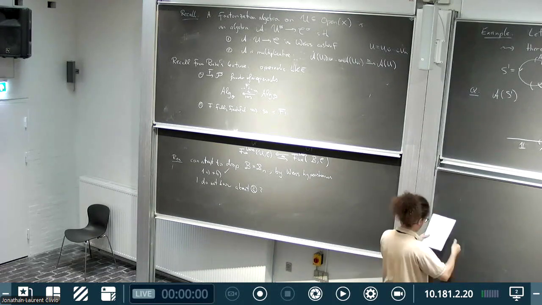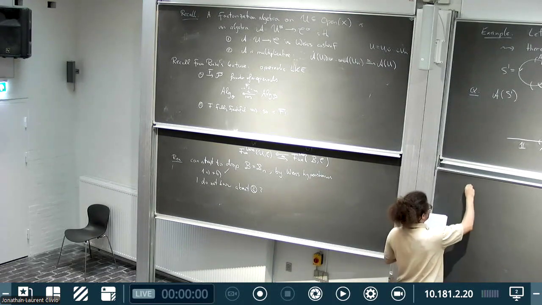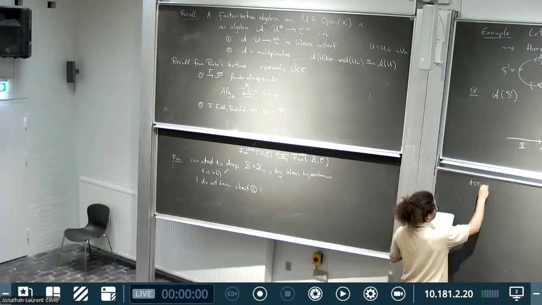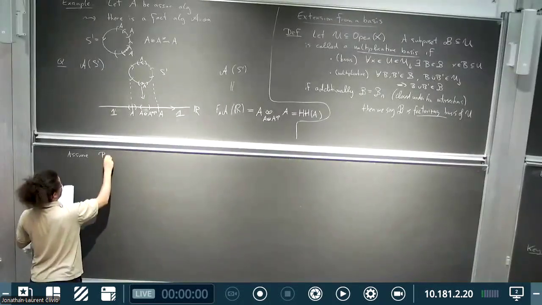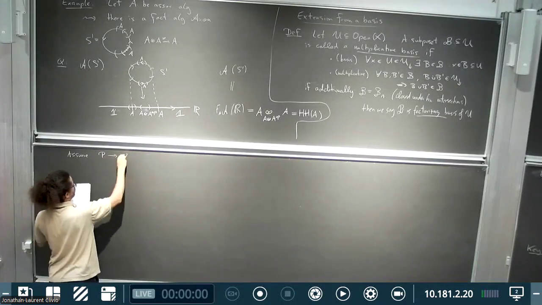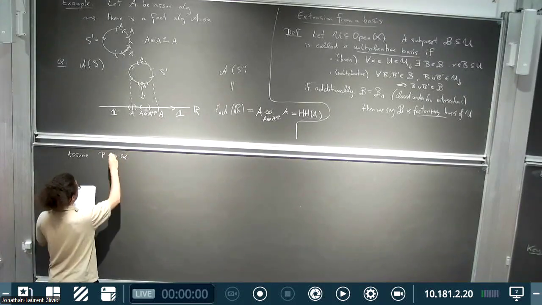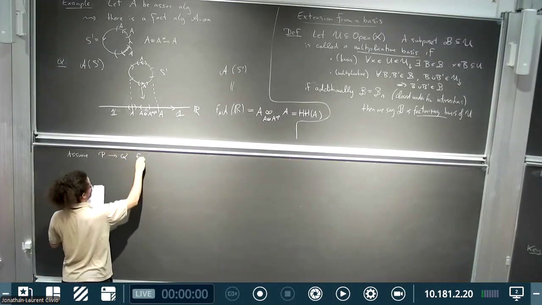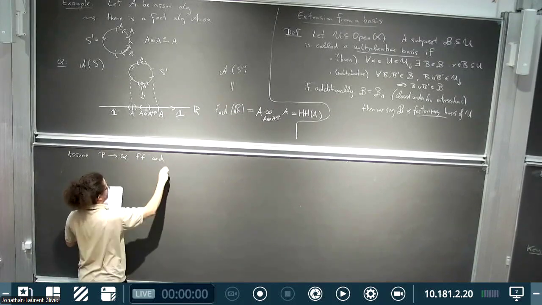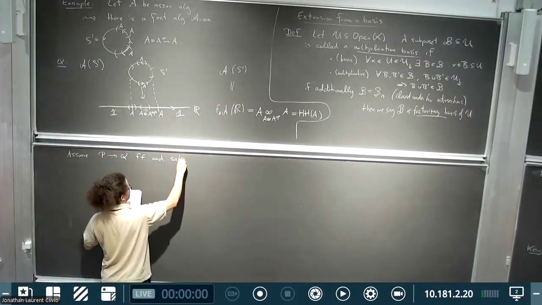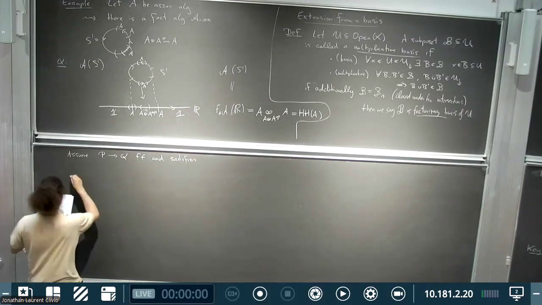So assume that this map from P to Q, let's even assume that it's fully faithful, and satisfies the following condition. I'll just call it star.